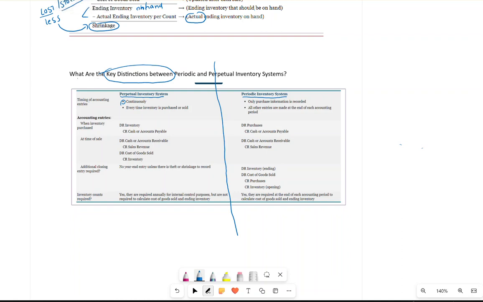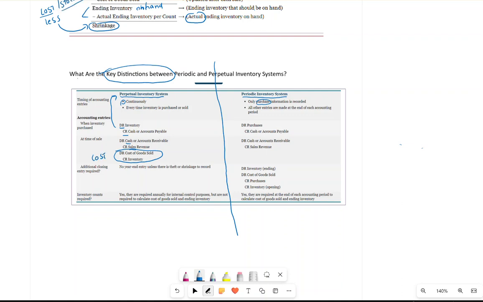In the periodic case, when we purchase, we record the purchases, and at the end of the year, that's when we update the inventory. So if you look at it, under the perpetual inventory system, when you purchase an inventory, you debit the inventory and credit your cash. At the time you sell, if you sold it for cash, you debit the cash and credit your sales, and you update the inventory for what it cost the company.